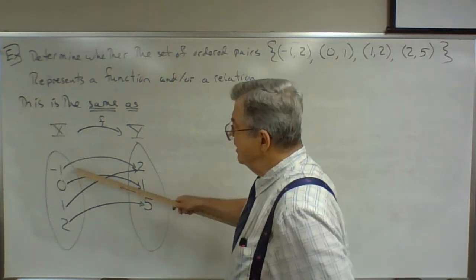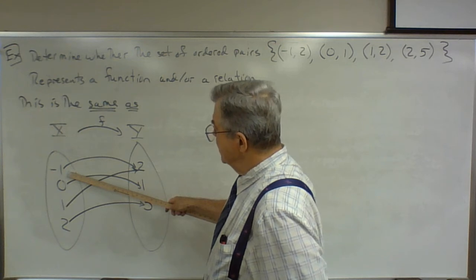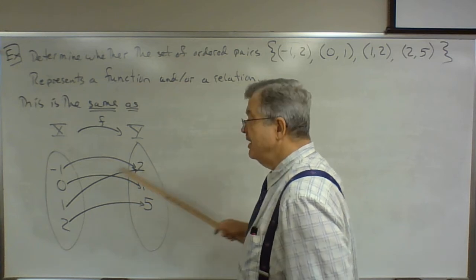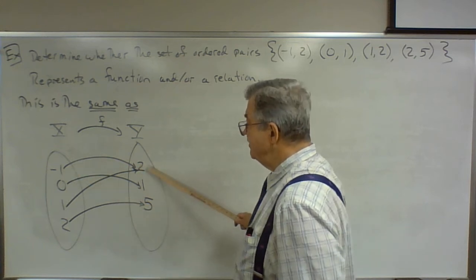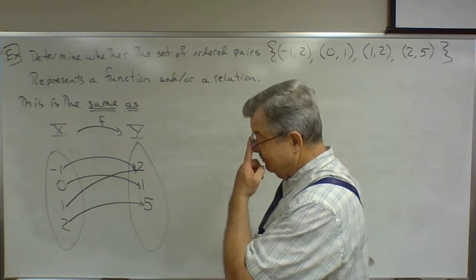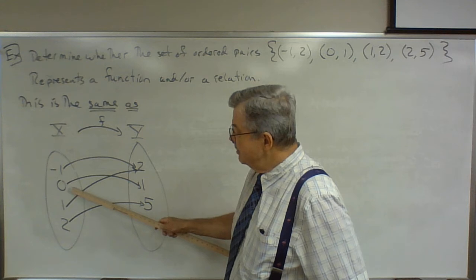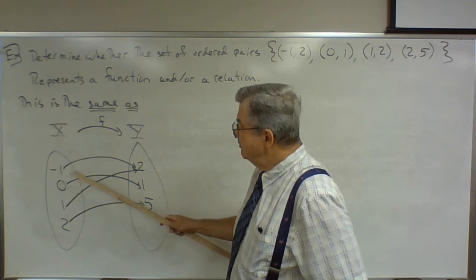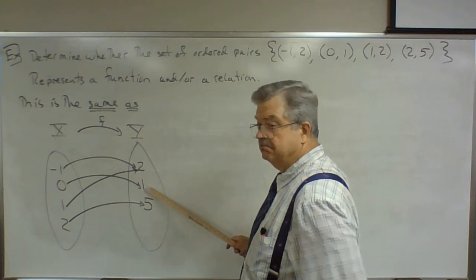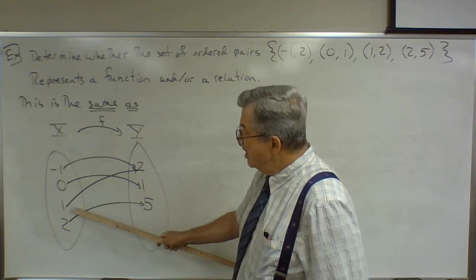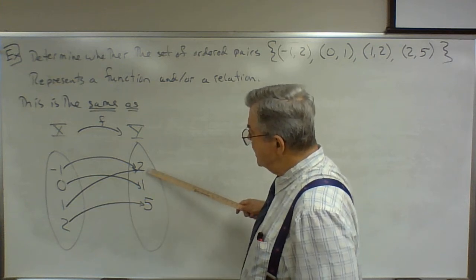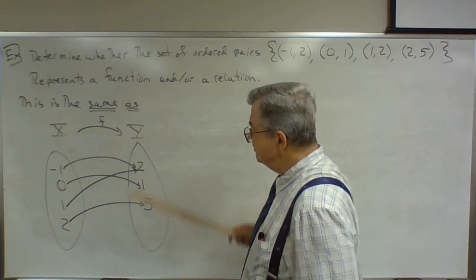Let's look at this guy in the domain, -1. It's assigned the element 2 in the range. So -1 is assigned exactly one element, 2 in the range. 0 in the domain is assigned exactly one element, 1 in the range. Looks good. 1 in the domain is assigned exactly one element, 2 in the range.